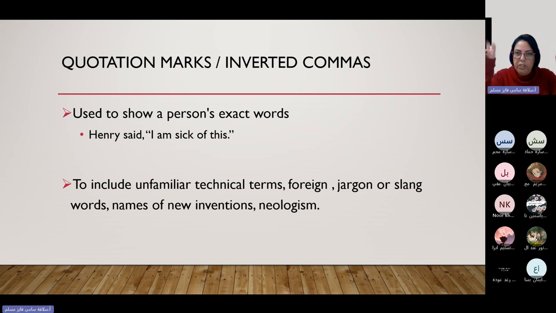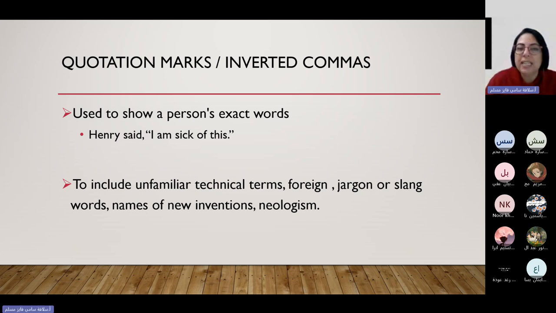Quotation marks. When do we use quotation marks, you guys? Used to show exact words, a person's exact words. When we take a quotation, which is بالعربي لما بناخد نفس الكلام يعني اقتباس. ننقل نفس الكلام. لما تكون الكلمة حرف بحرف احنا ماخذين.